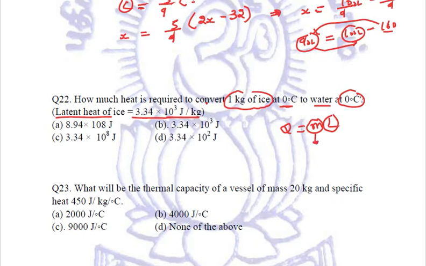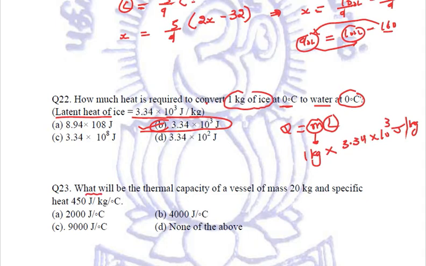Since the mass given to us is 1 kilogram, the latent heat is 3.34 into 10 to the power 3 joules per kilogram. So this will be our answer. It is the second option, 3.34 into 10 to the power 3, but the unit will be joules because we are calculating the amount of heat required. Got it? Let's see the next question.